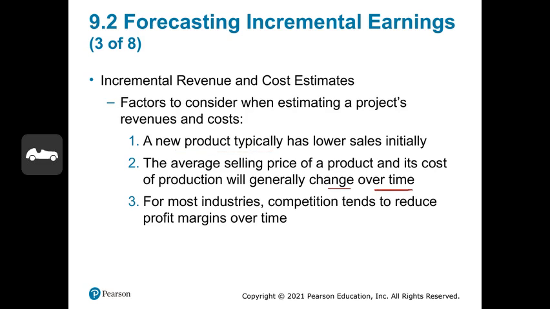Hopefully it gets cheaper to produce over time as we get better and more efficient. And then for most industries, competition tends to reduce profit margins over time because as competition comes in, they will try to undercut us from a pricing perspective and drive down our price, and then that cuts into our margins.